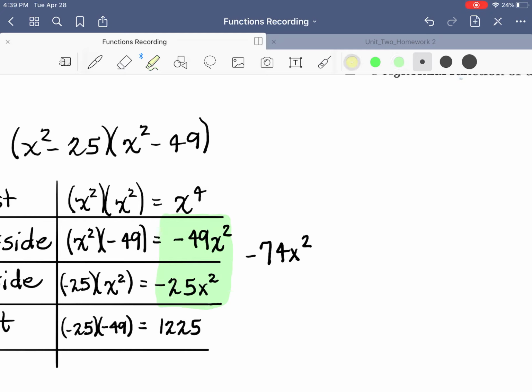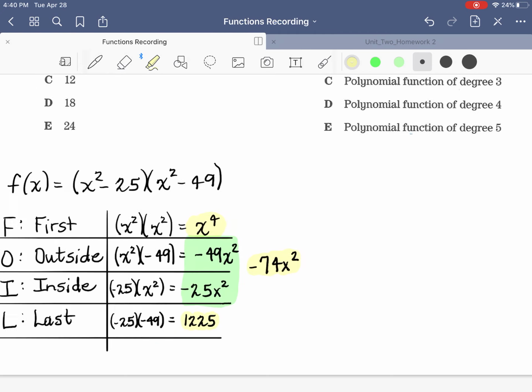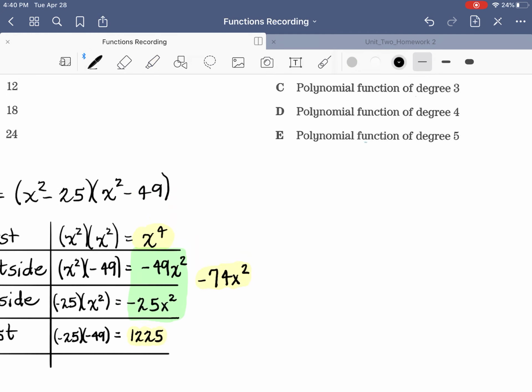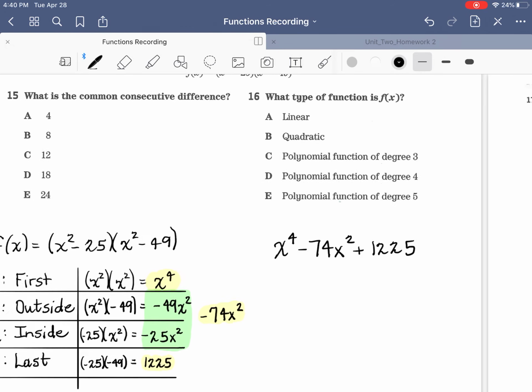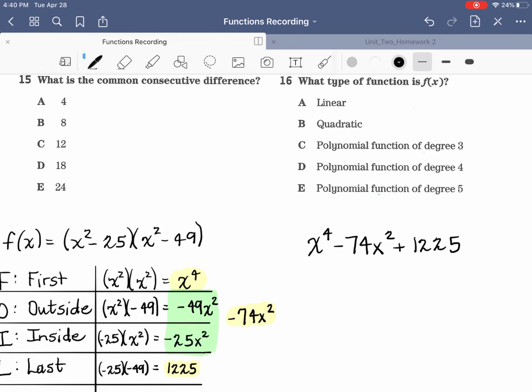So here are the pieces of that final trinomial. You have x to the fourth, negative 74x squared, and 1225. So let me write that in proper form: x to the fourth minus 74x squared plus 1225. And this trinomial is the result of that multiplying.